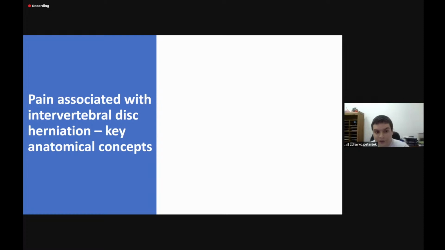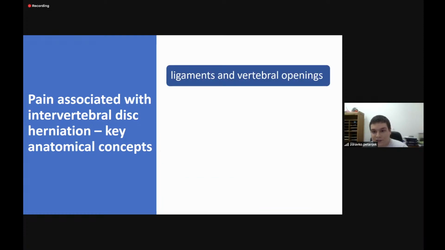So, in order to understand the pain associated with intervertebral disc herniation, there are 5 key anatomical concepts that we have to explain. The first concept relates to the ligaments of the vertebral column and the vertebral openings, the vertebral foramen and intervertebral foramen.